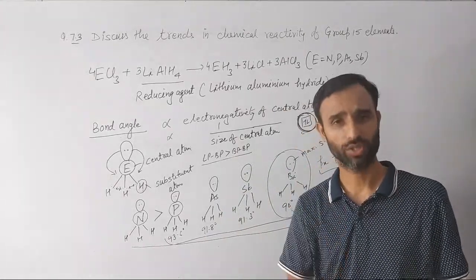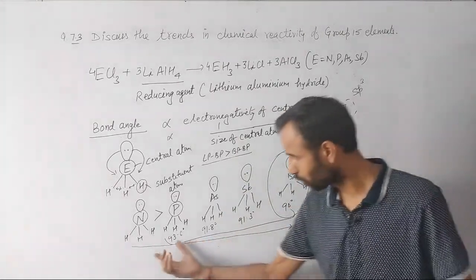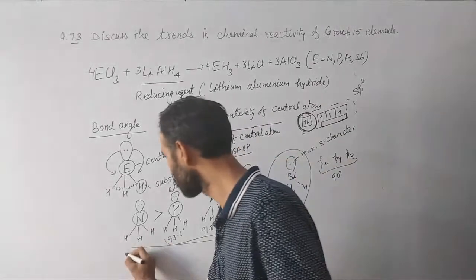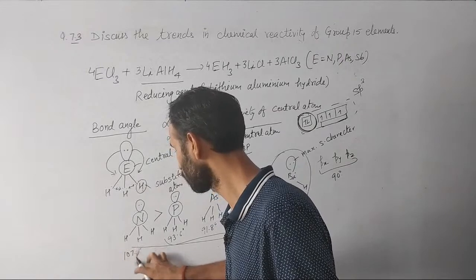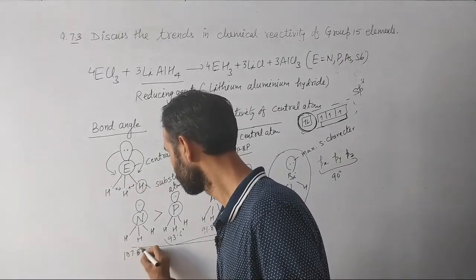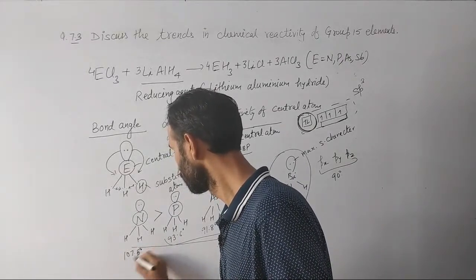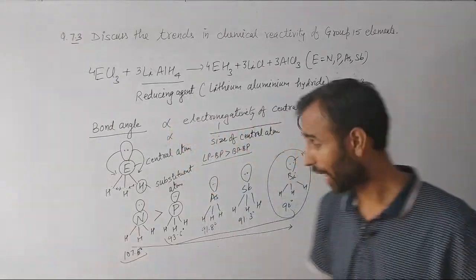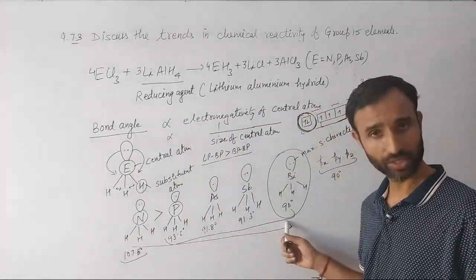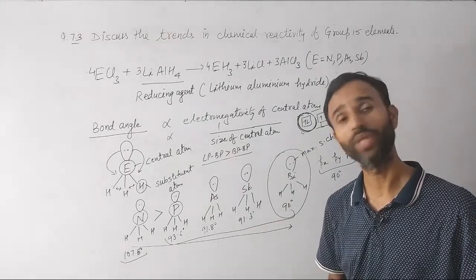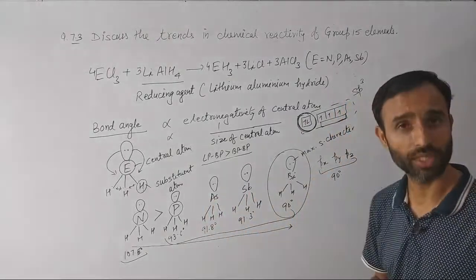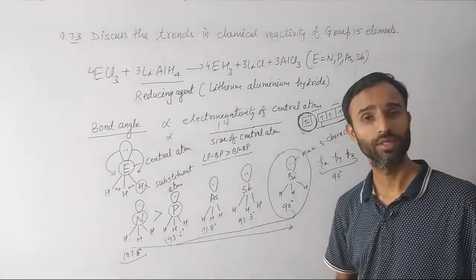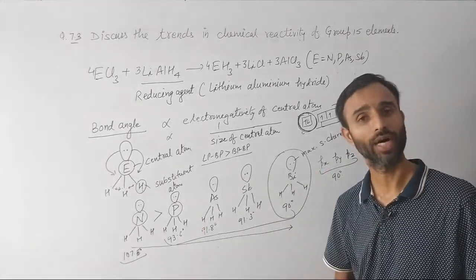I am just saying, if you see the angle here, it is 107.5 or 107.8 degree, and these are in the 90s. It is because of the fact that phosphorus, arsenic, antimony and bismuth are not involved in hybridization.